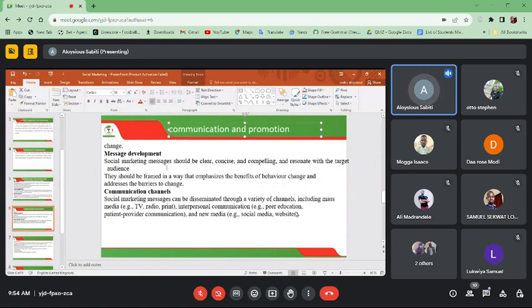But also we can use interpersonal communications such as peer education, patient provider communication, and new media such as social media and websites. These are key channels, but remember you have to choose them according to your target group.